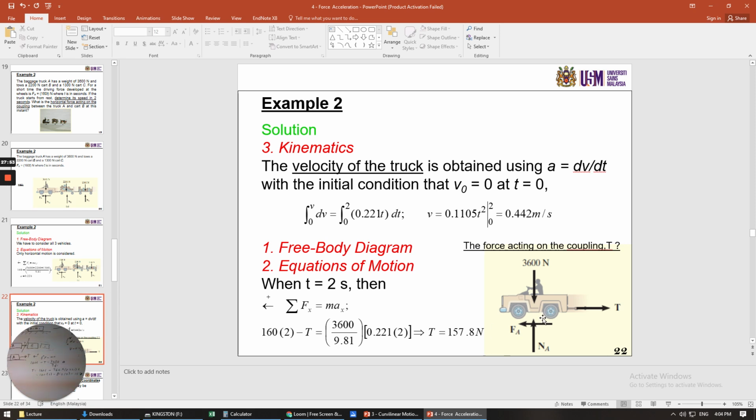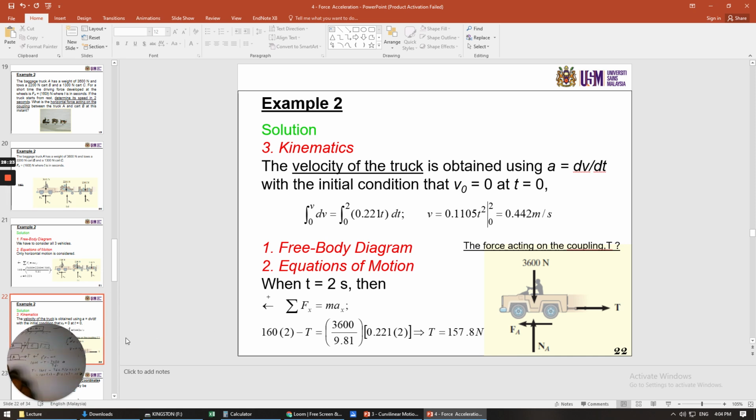However, we just consider truck A as the whole system. So in this case, 160 t minus big T, the tension, equals ma. m is 3600 divided by 9.81, times the acceleration 0.221 times 2. Exactly what I have in here.